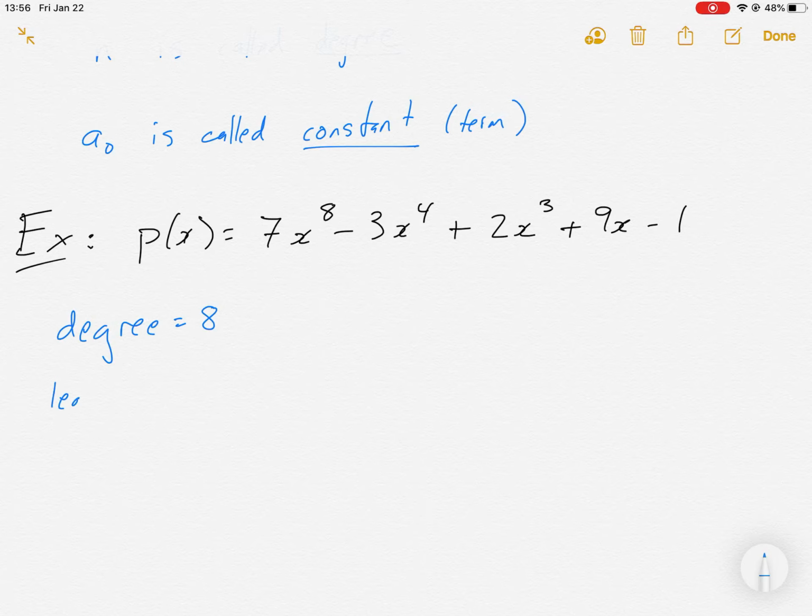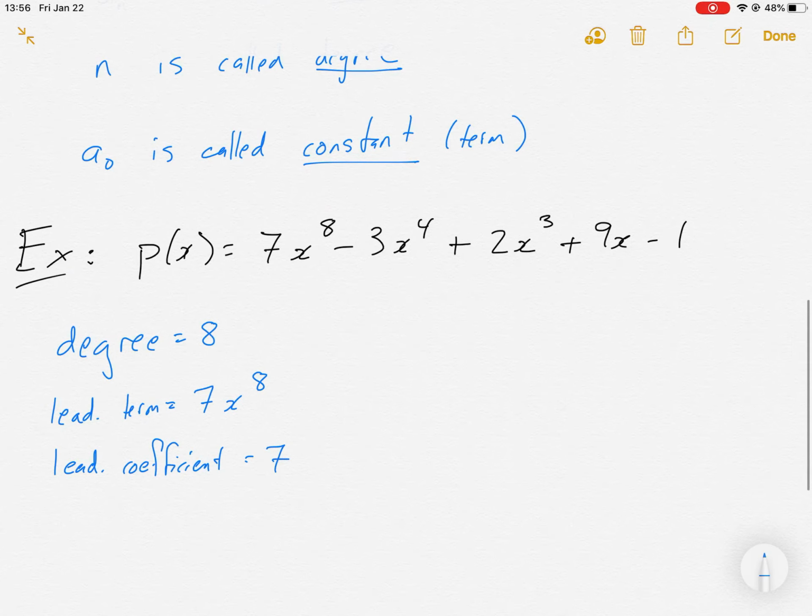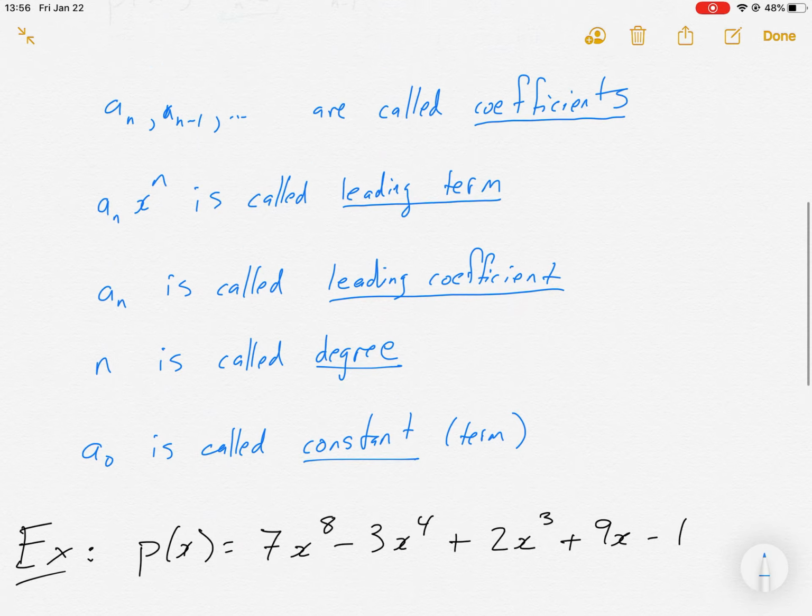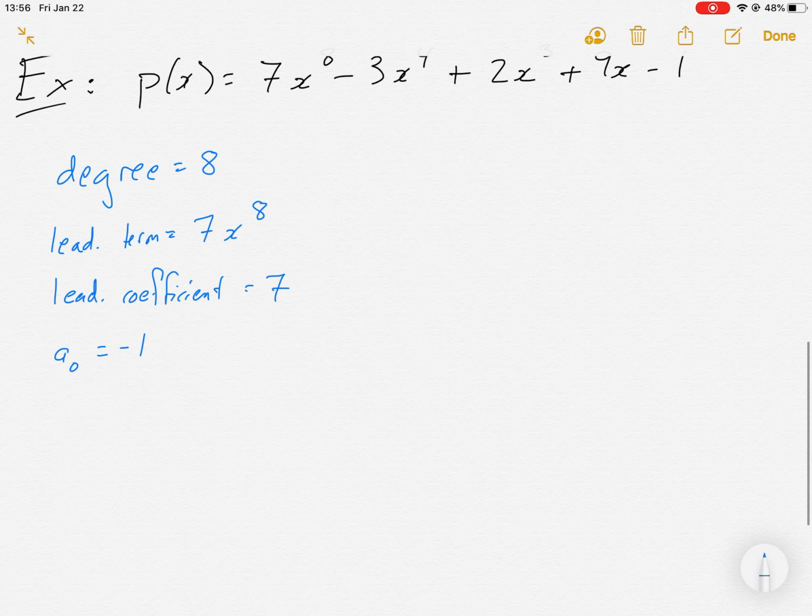The leading term would be 7x to the power of 8. The leading coefficient is 7. The constant term is -1, and the coefficients, let's keep going with this, are as follows: a1 is 9.